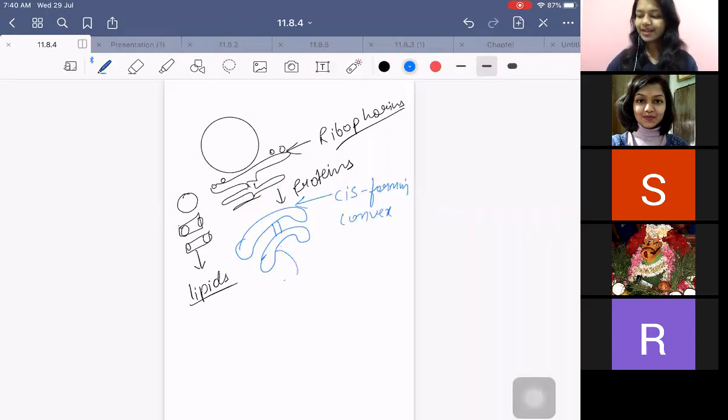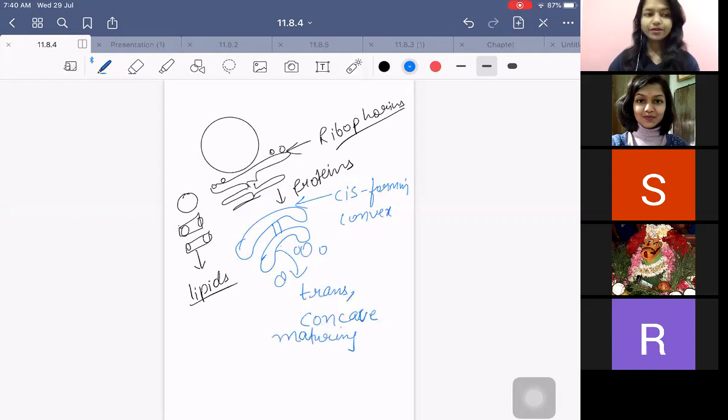The part from where it gets matured and comes out in the form of vesicles is called trans, or maturing face, and this is concave in nature.